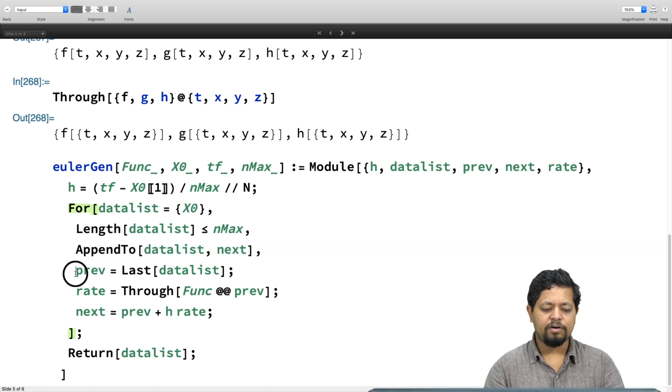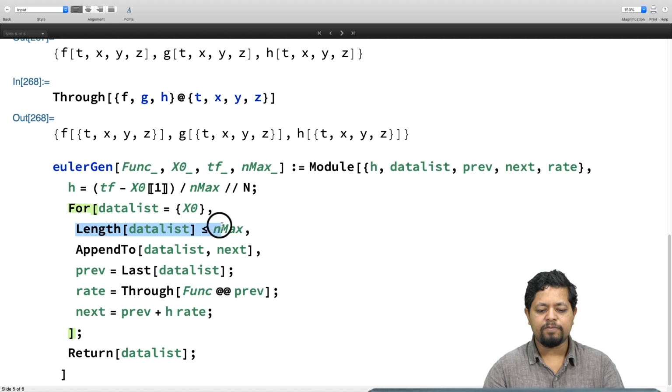The next element is calculated in the body. So let's go ahead and understand how we are doing this. So first, in the initialization, x naught is the set of 4 items, t naught, x naught, y naught, and z naught. We are adding all of that into a column vector x naught, and that x naught has been added to data list. This is initialization of data list.